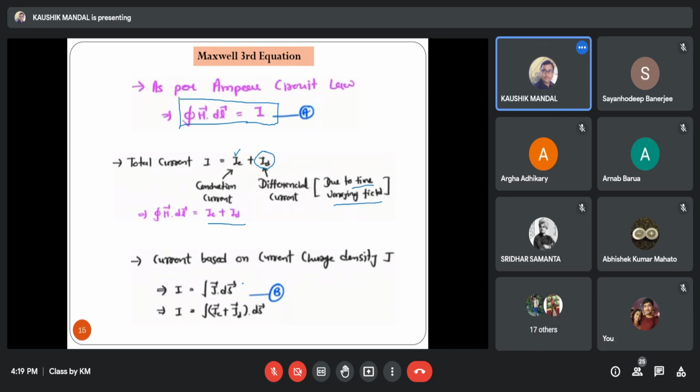Now, the relation between the current and current density: I is nothing but the integration of J dot ds. That is how you can write it. In place of J, we can consider JC and JD, one due to the conduction current, another due to the displacement current.